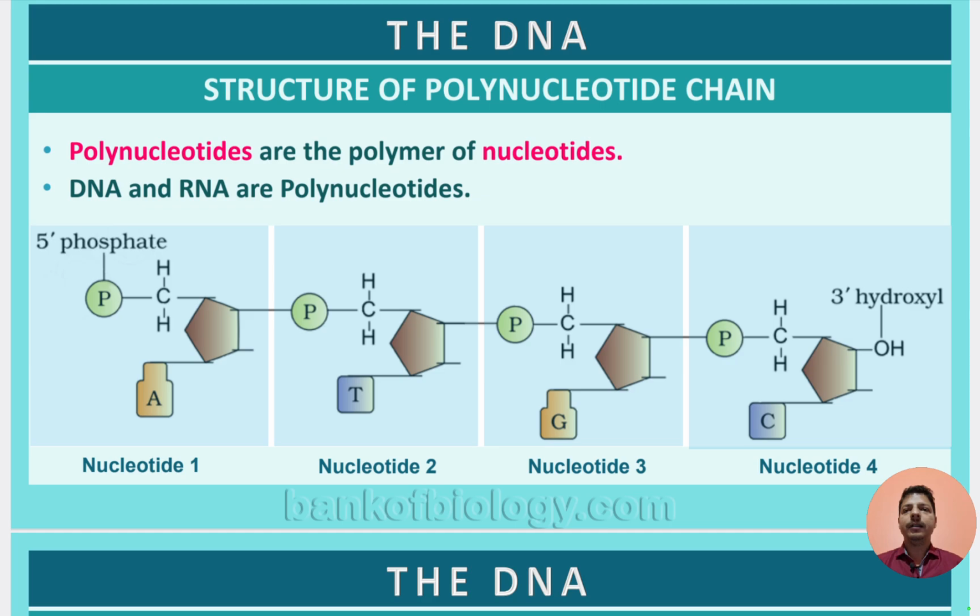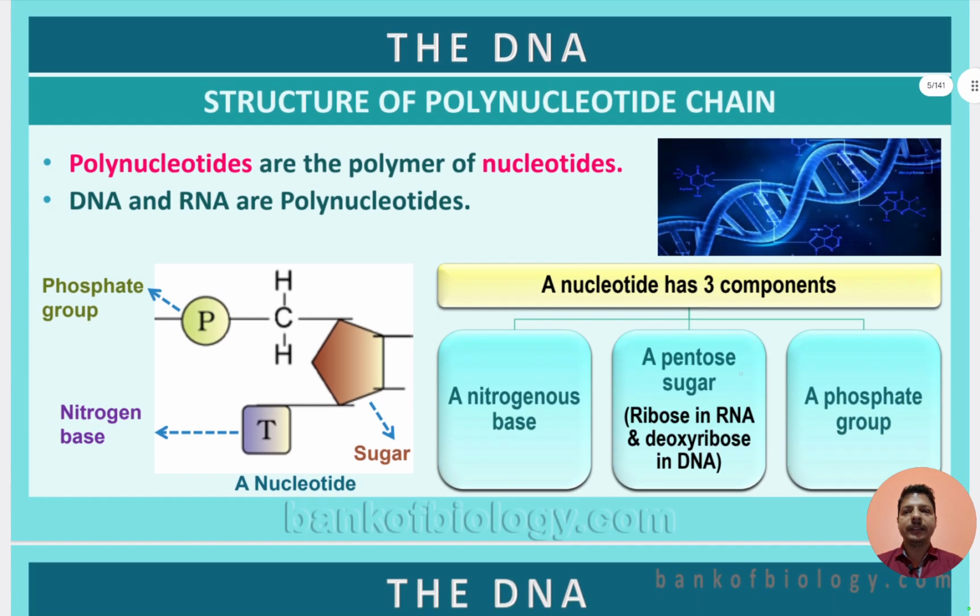First of all, structure of polynucleotide chain. Polynucleotides are the polymer of nucleotides, and DNA and RNA are examples of polynucleotides. Here you can see poly means more than one, and here nucleotide 1, 2, 3 and 4 combinedly form polynucleotides.